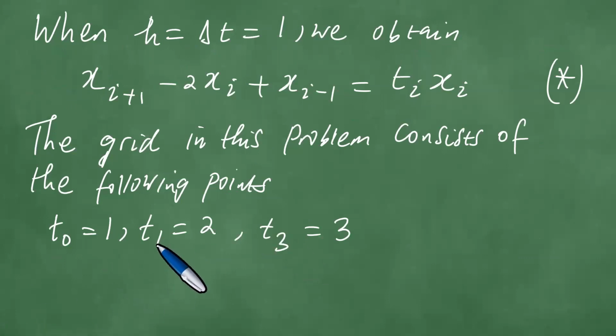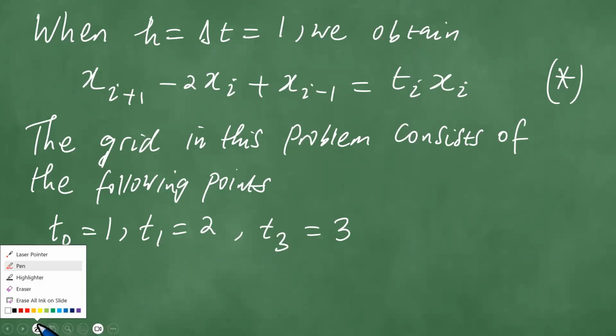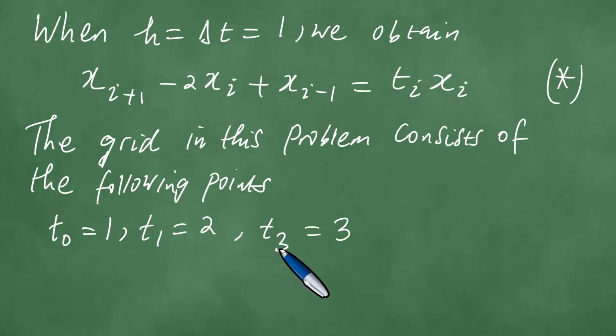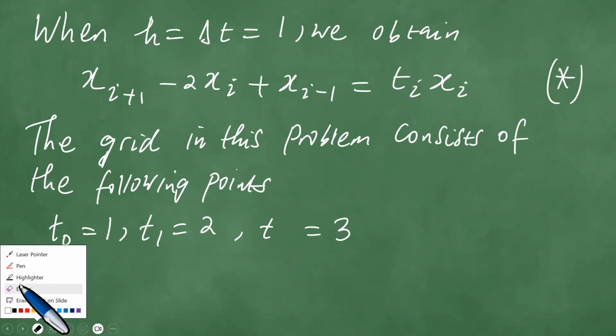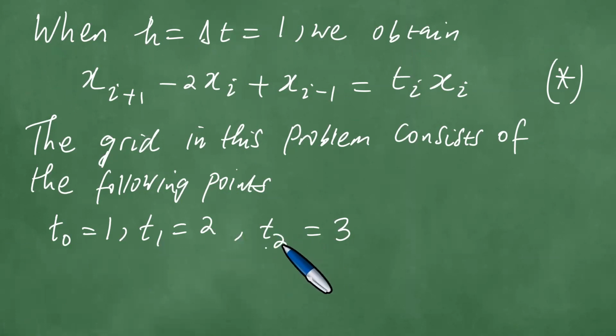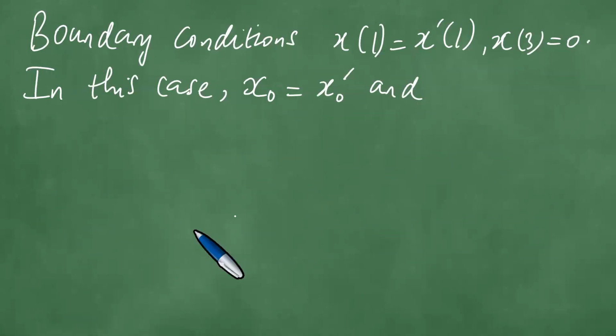So it's t0, t1, t2 here. T0 is 1, and then we stop at 3, because our variables are just between 1 and 3.